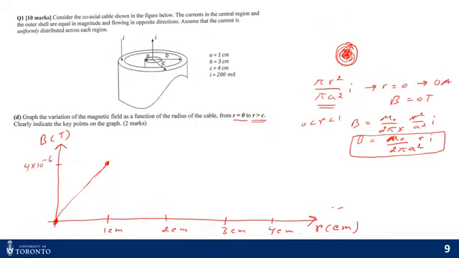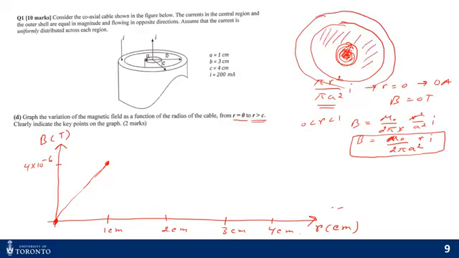Then for the region from 1 to 3 centimeter, the region between the internal and the external conductor, I'm encompassing only the internal current I. So for greater than a, less than b, my B should look like this.